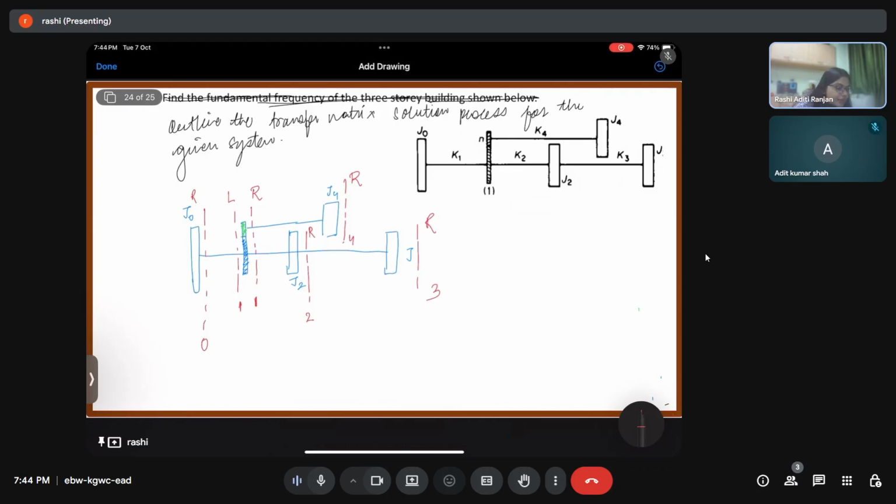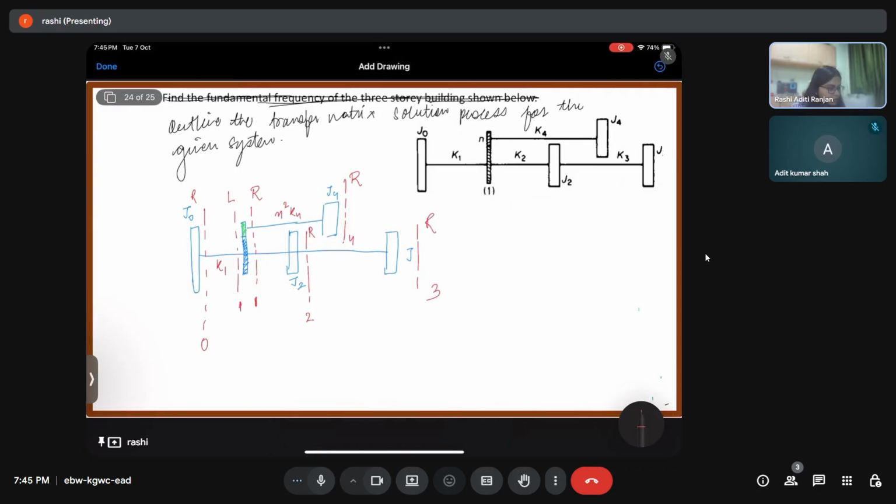Now we can write for J naught, we already have J naught. We can write this as K1. For this, we can write N square K4. N square, I hope you understand, is because of the gear pairing and everything.